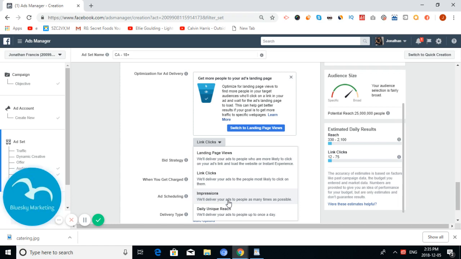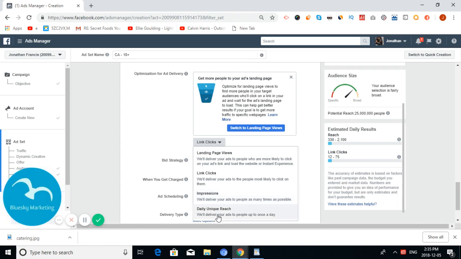So that's just people viewing the ads on Facebook. It's not people that are coming to your website, but impressions simply means the total amount of eyeballs on your ad, the total amount of times that your ad is seen on the Facebook platform. It might not be that beneficial to you, because it doesn't necessarily mean that they're taking an action, but it could be beneficial for one of your campaigns.